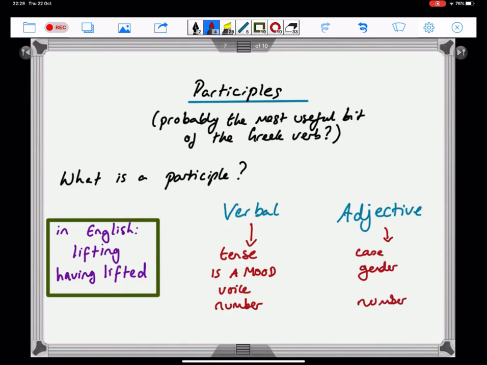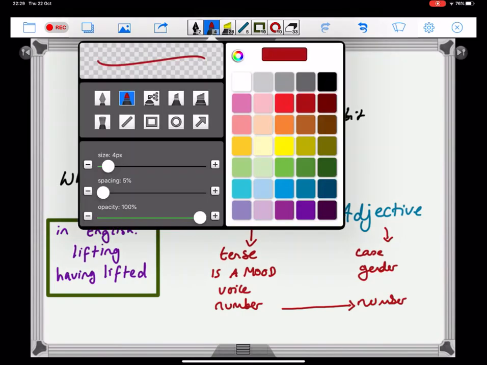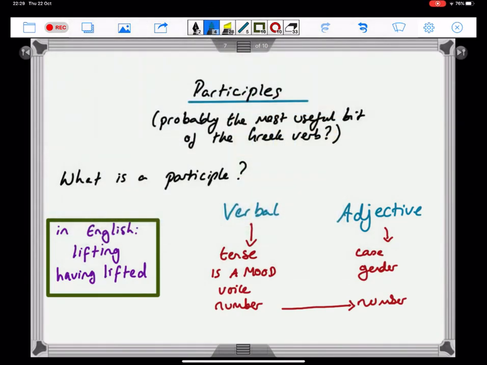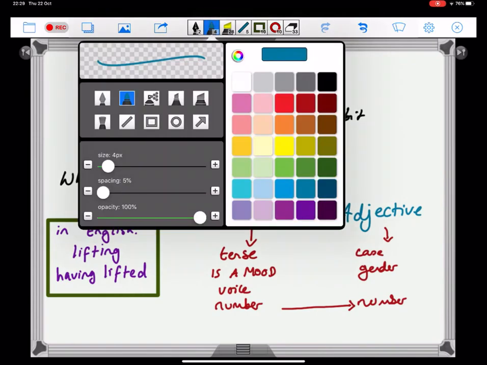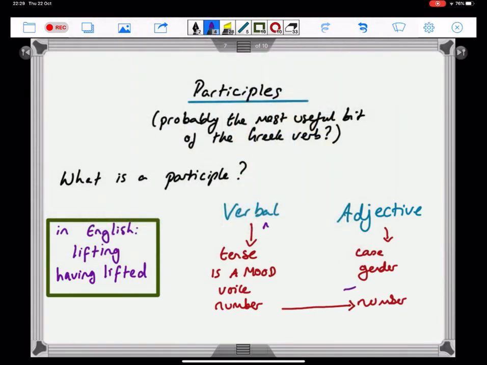So that number category is actually really part of the adjective ending. So participles have very copious endings because they are accounting for it having verbal aspects and adjective aspects. You kind of get the meaning of the word from the verb bit and the use bit from the adjective ending.